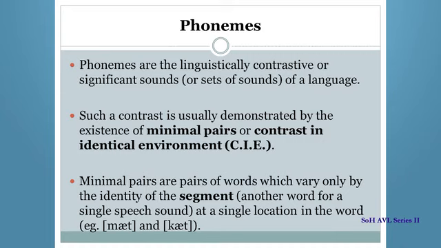Minimal pairs are pairs of words which vary only by the identity of the segment, another word for a single speech sound, at a single location in the word. As for example, mat and cat. Here, the at portion remains constant, but the change of the sounds m and k makes the difference in their meanings.